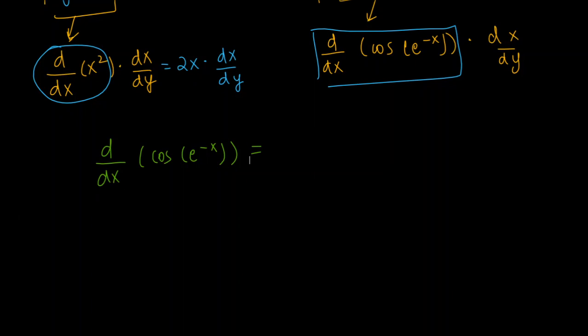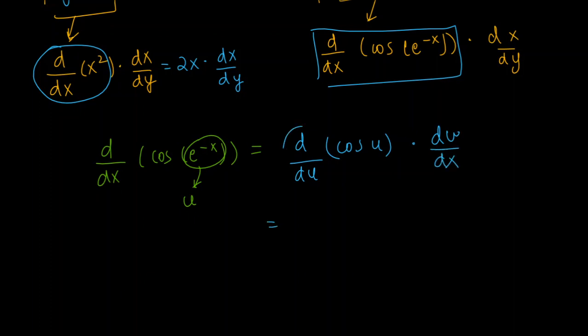So let's take this to be u. And we're really invoking a lot of variables, but anyways, this would be d over du of cos of u times du over dx, just the usual chain rule stuff. The derivative of cos is equal to negative sine, we know that. Negative sine u times du over dx.